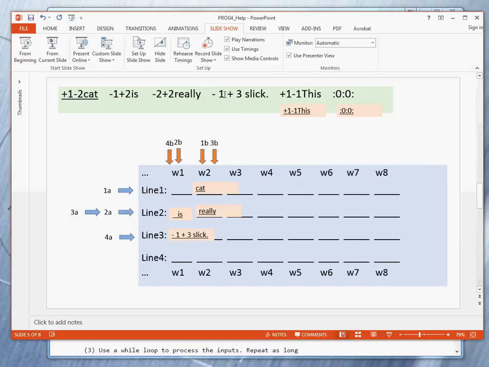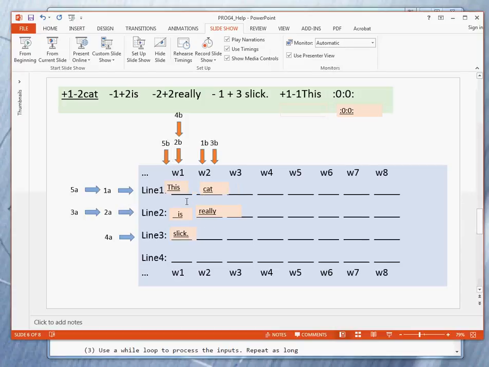Next step, minus followed by 1 means what? Word 1. Plus followed by 3 means what? Line 3, and the word is slick, period. So here's line 3. 4A is to identify the line. 4B is to identify the word.